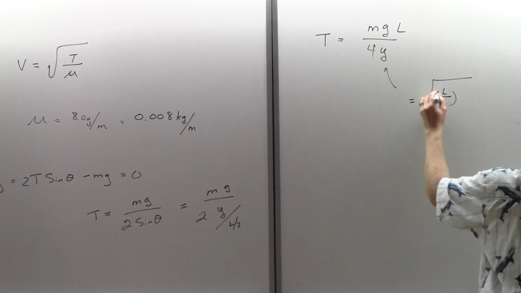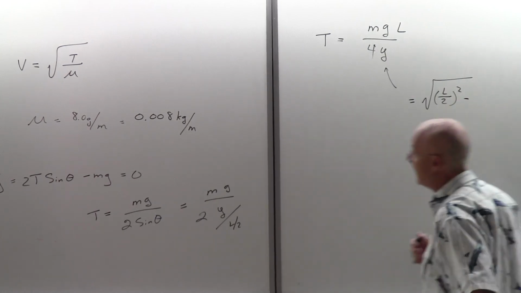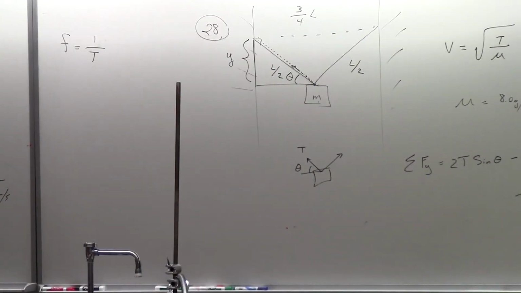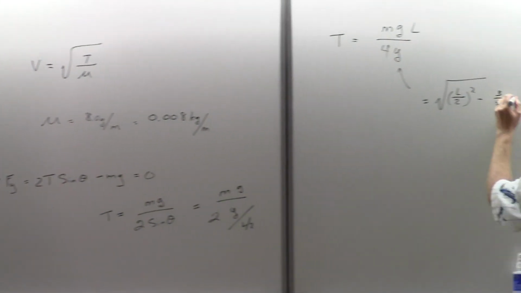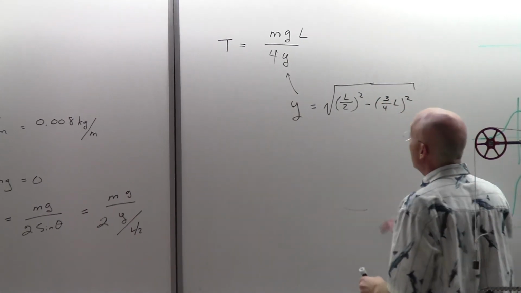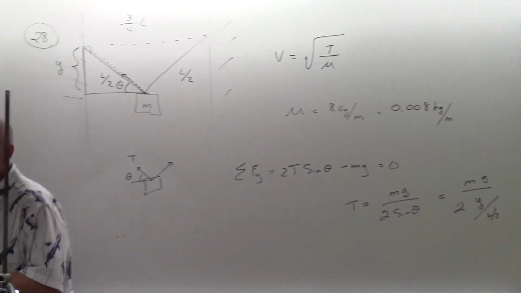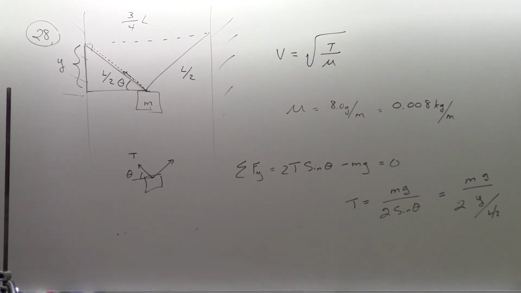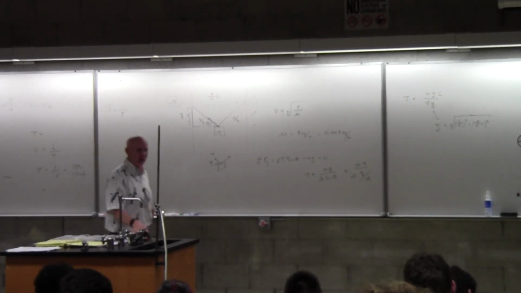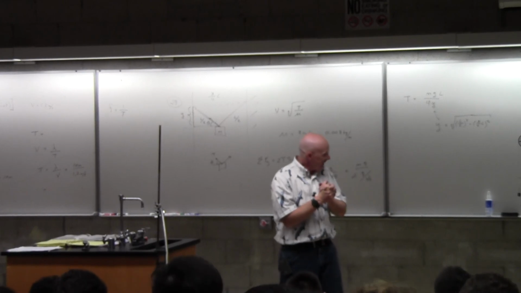It would be the hypotenuse squared minus this leg squared. So L over 4 squared, and then take the square root of that. So there's y. So put that into that, you get the tension. Put the tension into there with the mass density, you get the speed. And there's a very quick and dirty answer to a problem that should take a little while to work out the algebra. All right, well, we kind of successfully did it.